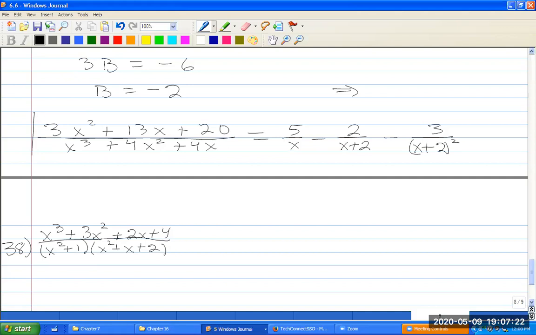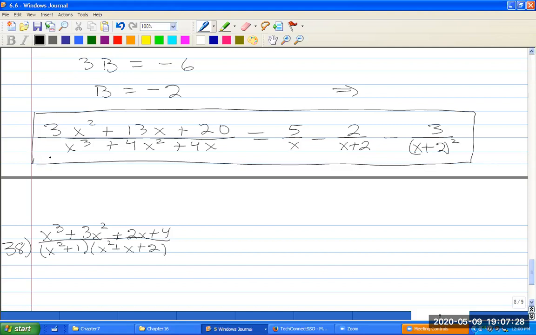And that is my partial fraction decomposition. Let me do problem number 38.